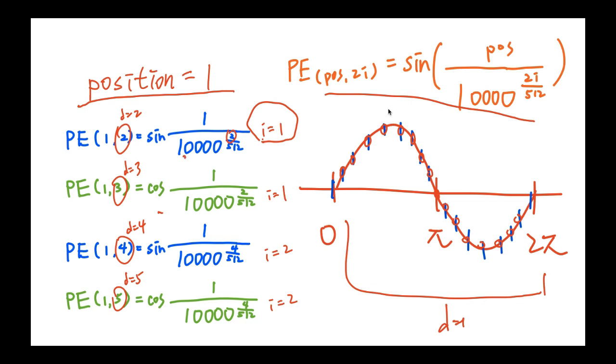The only difference between these values is that one is sine, one is cosine. And in dimension 4, where i equals 2, you have this. This is position 1, and the dimension 4 element in this position 1 vector. You will have 112, of course. Then dimension 5, i equals 5. So you can see in position 1, your vector elements in different dimensions will have different values. That's how it encodes the information.